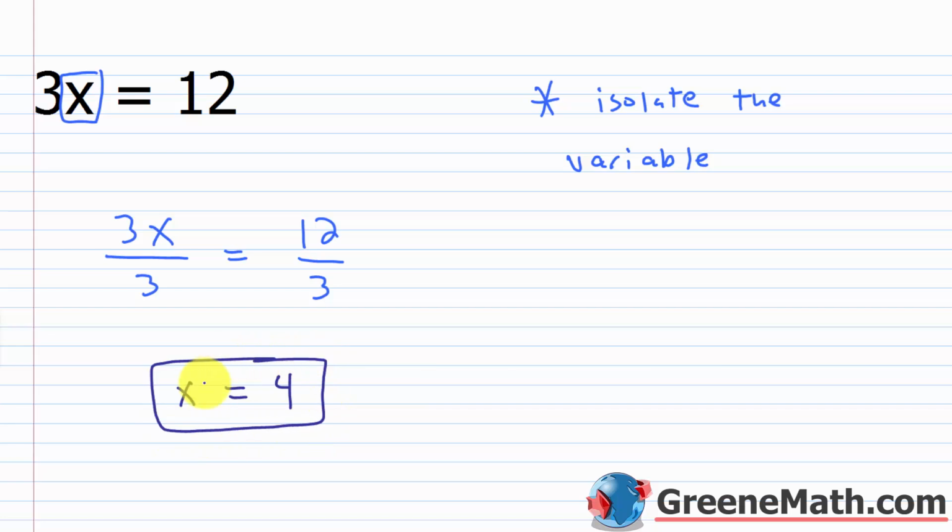So I get x equals 4 as my solution, right? So I can plug a 4 back in for x here and verify that I got a true statement. So 3 times 4 is equal to 12. We know that is correct, right? 12 equals 12. So we can go ahead and say that this is true. Check that off and say, yes, x equals 4 is the correct solution.